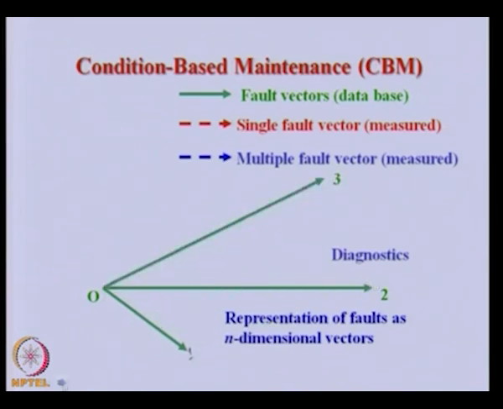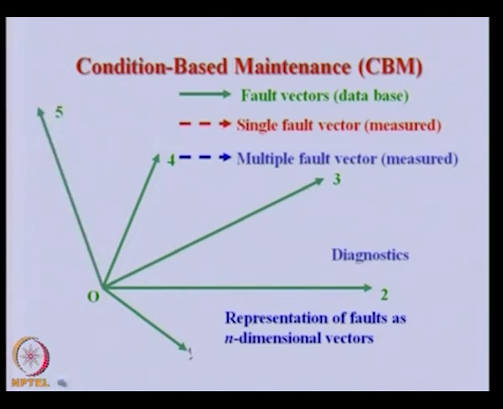Similarly, we can have the third fault state vector, the fourth fault in the machine. So we need to introduce this kind of fault, as I have shown earlier, in some kind of fault simulator in which we can introduce the fault one at a time and collect the data, and that will be the database corresponding to various kinds of faults.